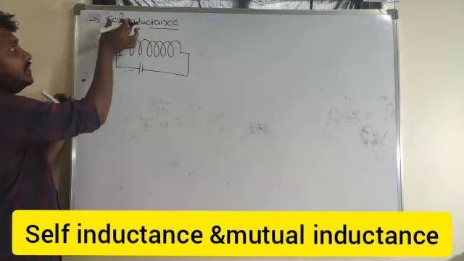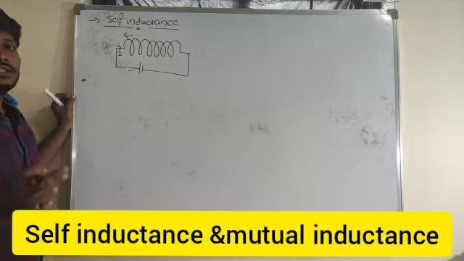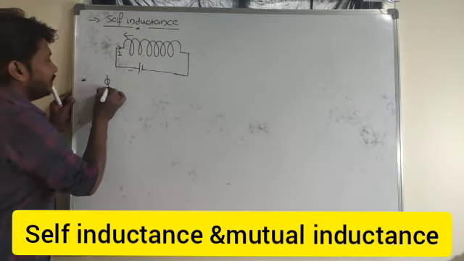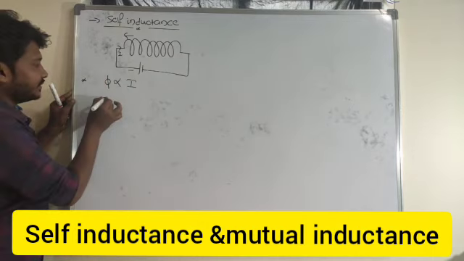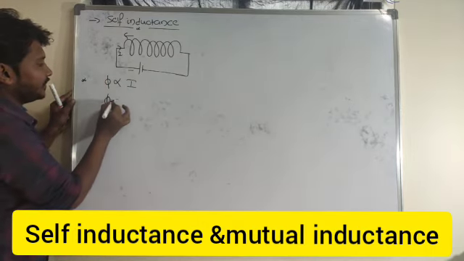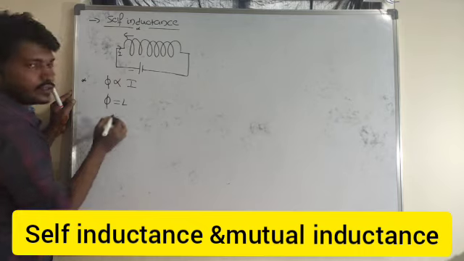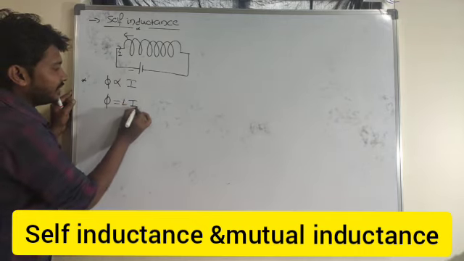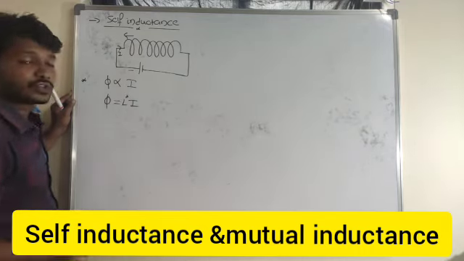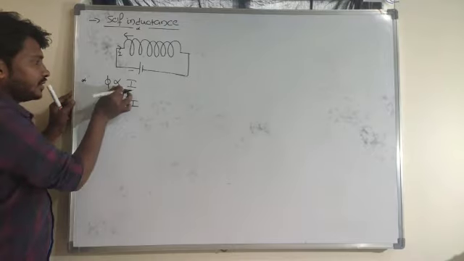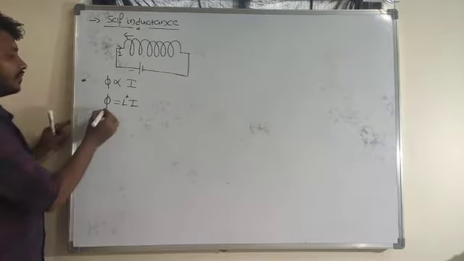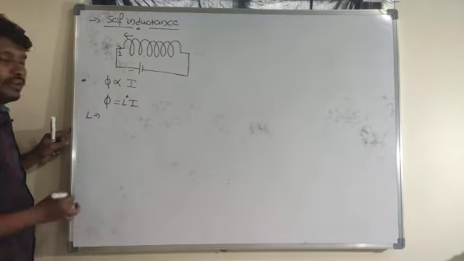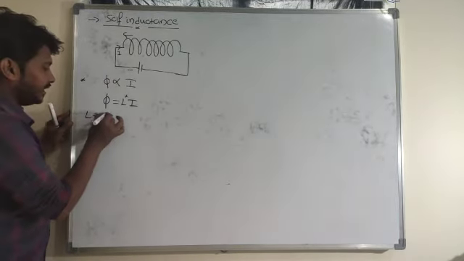Because of changing current, changing magnetic flux exists, so phi is directly proportional to I. If I remove the proportionality sign, I take the proportionality constant L. So phi is equal to L into I, where L is the coefficient of self inductance.